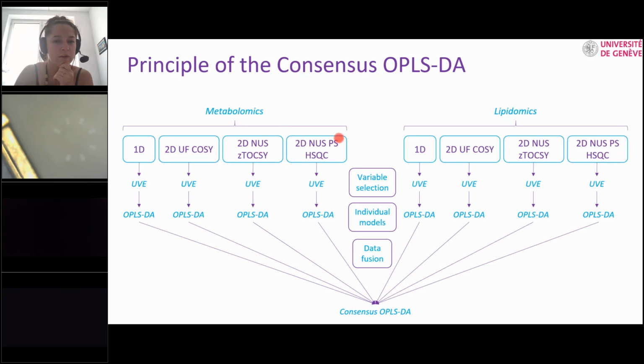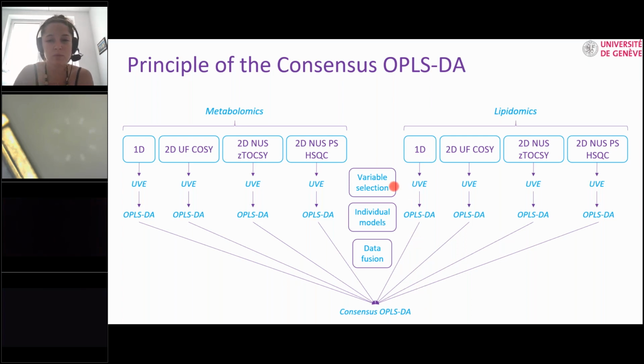And we also then combine each of the 4 different acquisitions for the metabolomics, just to compare the different NMR methods. We've done it also for the lipidomics, and we finally combine everything in a global consensus OPLS-DA to look also at the advantages of combining metabolomics and lipidomics.